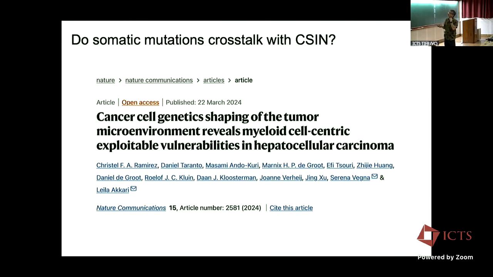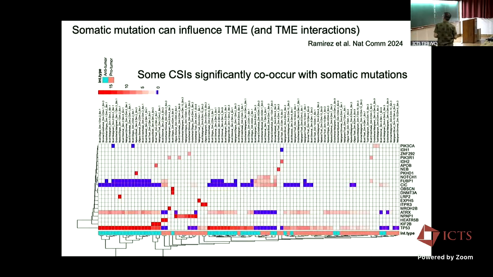Okay, this is the last bit I mentioned. Somatic mutations can alter the tumor microenvironment. Makes sense. Okay? So can somatic mutations also alter our interactions, the cell state interactions? That's the question we were asking. So you don't have to read this plot at all. All we did was, in the TCGA, we had the mutation information for all the major oncogenes.